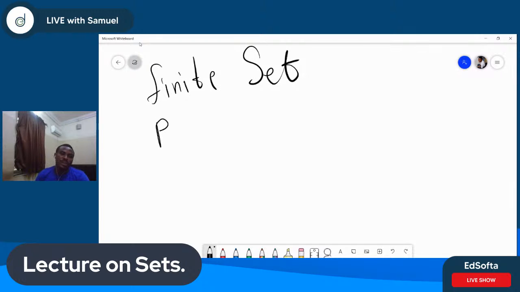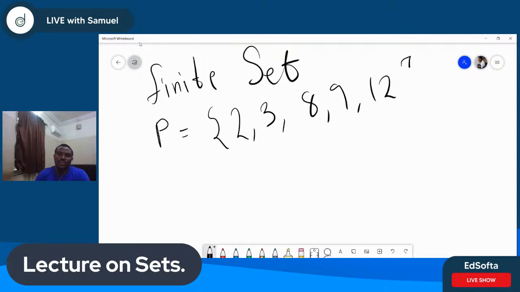Take for instance, I say my set P has five numbers: 2, 3, 8, 9, 12. If you look at this, it has how many numbers? Five numbers. So it is finite. I can count the number of things inside a set.